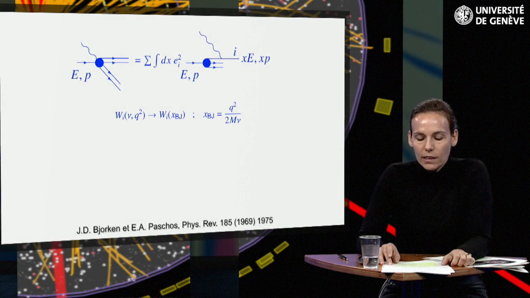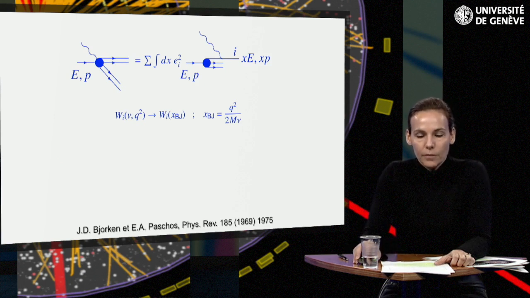To respect the kinematic constraint in such elastic electron-quark scattering, the photon can only interact with a quark which carries a fraction x_Bj of the nucleon momentum. Consequently, the cross-section is proportional to the probability to find such a quark in the nucleon.